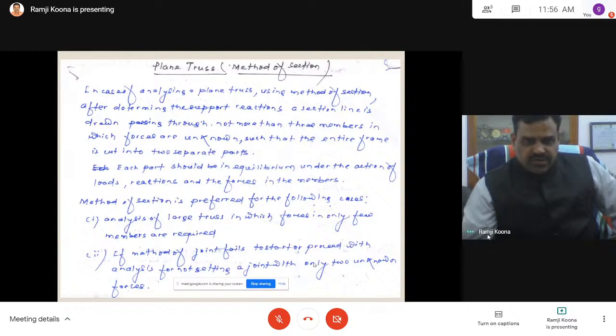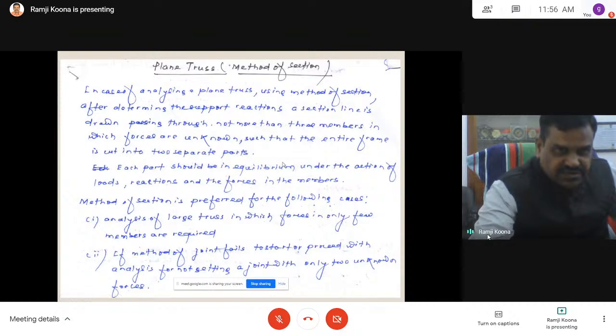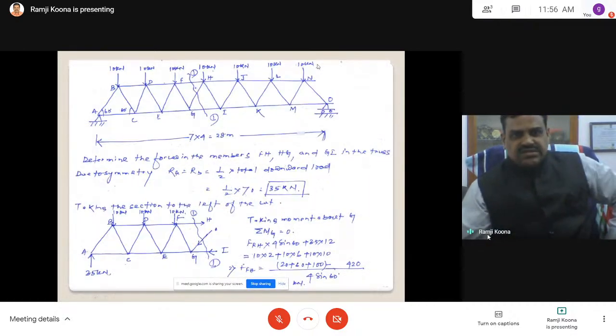It is laborious. That's why wherever it is required, at that particular point you can consider one section, taking care of the external forces, moments, etc. Now let us see. This is the truss.